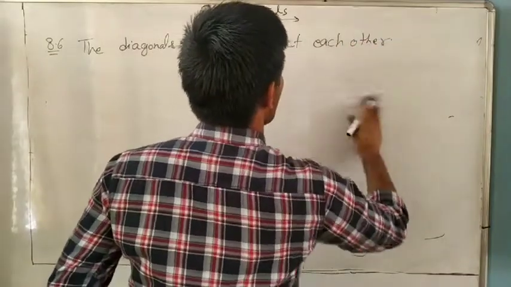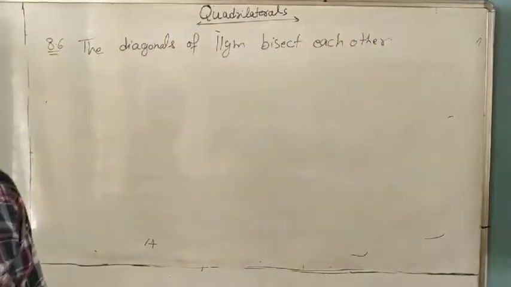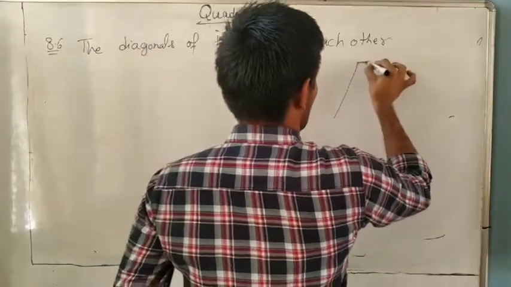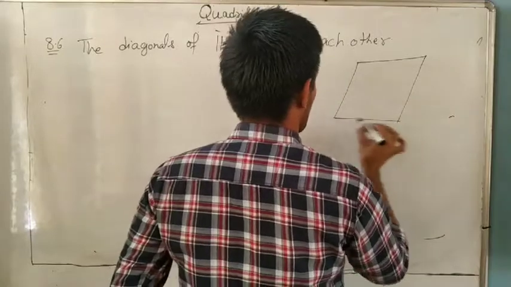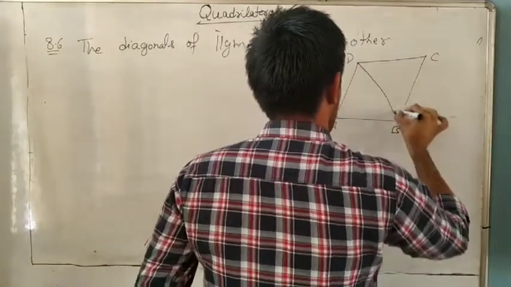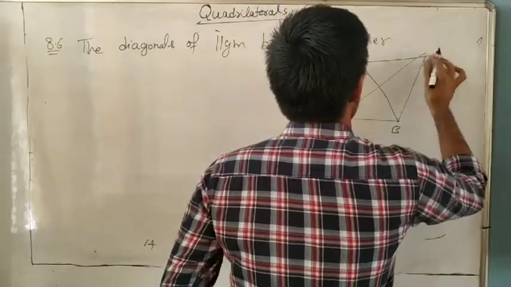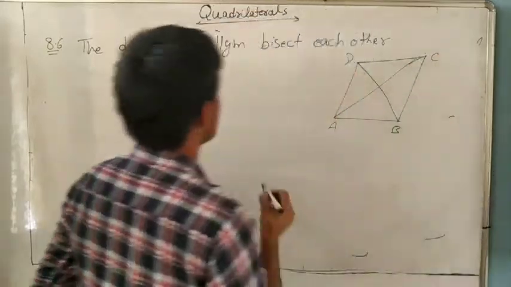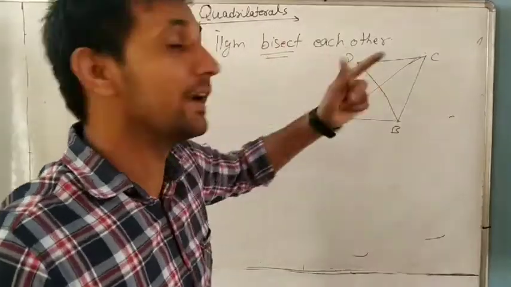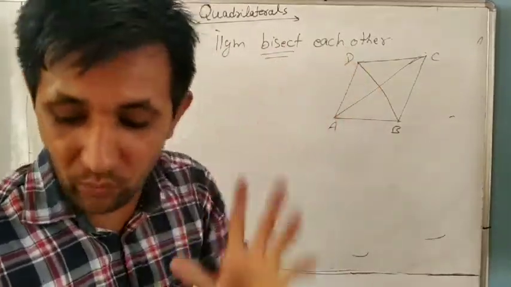We have to prove that the diagonals of any parallelogram bisect each other. So suppose ABCD is a parallelogram. Bisect means divide into two equal parts.